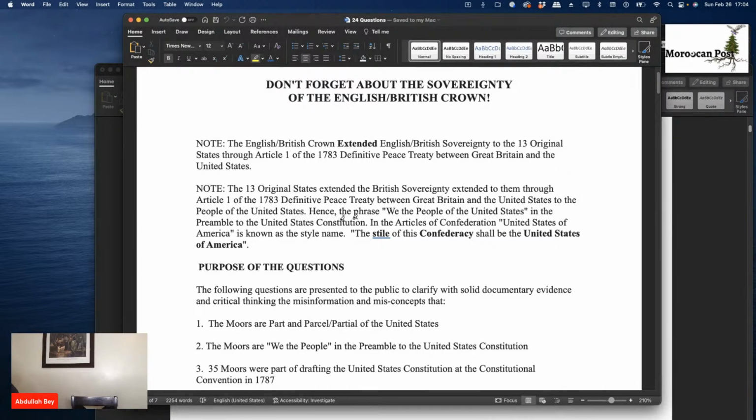Hence, the phrase, "We, the people of the United States." I just want to make a little mental note that "we, the people of the United States" is not the Moors. We, the people of the United States, in the preamble to the United States Constitution. In the Articles of Confederation, United States of America is known as the style name. The style of this confederacy shall be the United States of America.